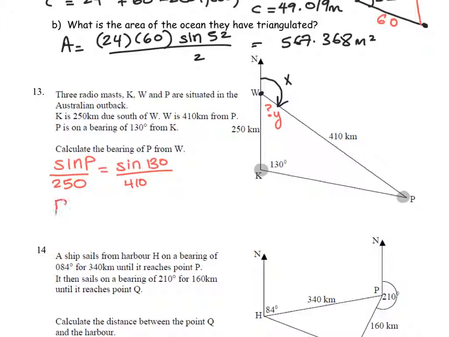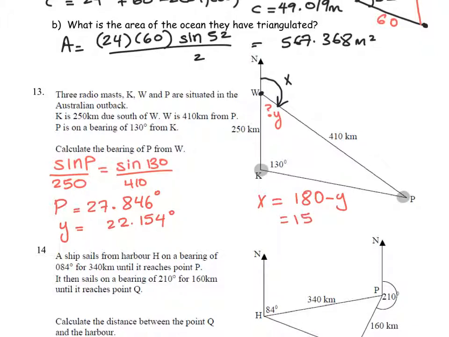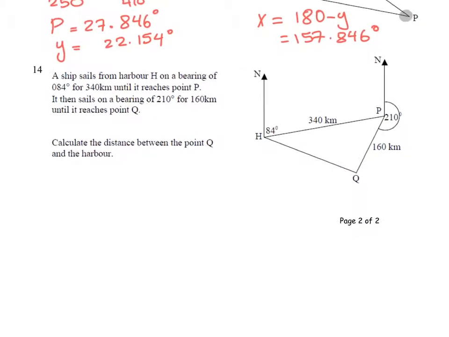So P in this case is equal to 27.846 degrees. So angle Y is going to be 22.154 degrees. Now remember, to find x, you simply subtract y from 180. And that's going to give you 157.846 degrees.